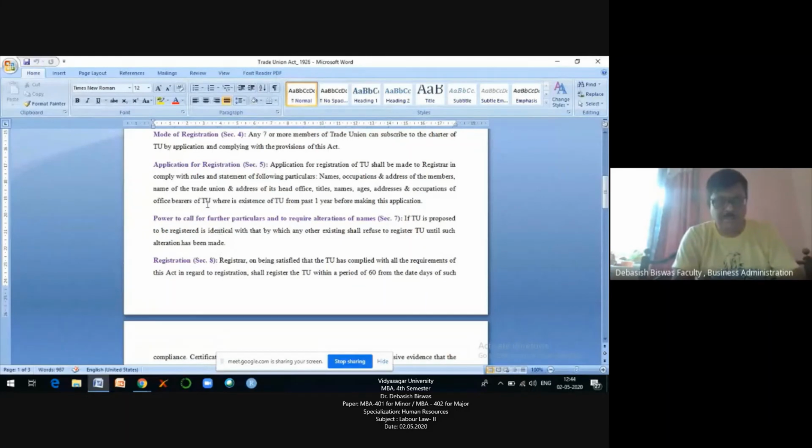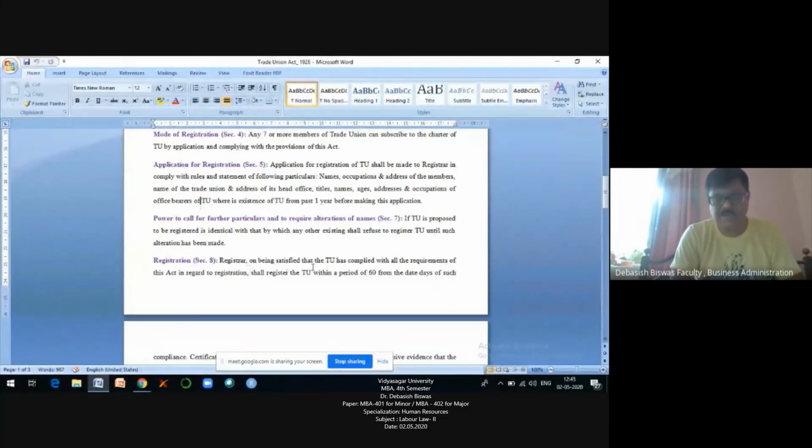So whatever name you have put here, this name is already there. Suppose another union is already there, whatever name you have given, so the name is identical. In that case, you have to change the name of your trade union. Otherwise, the registrar will not give you the registration certificate.